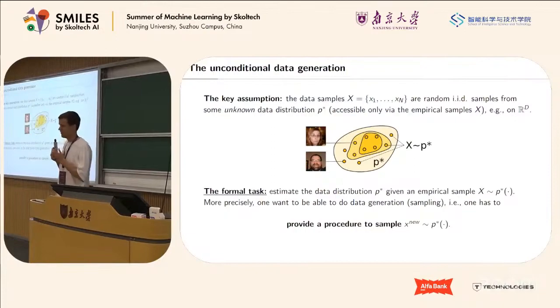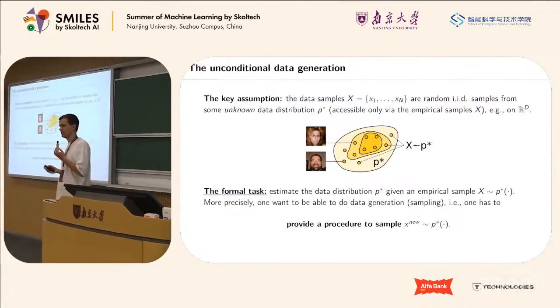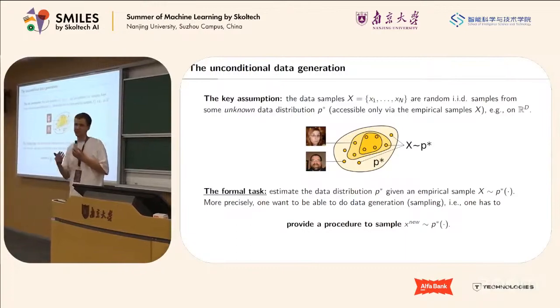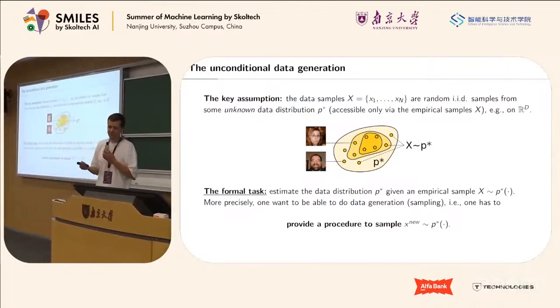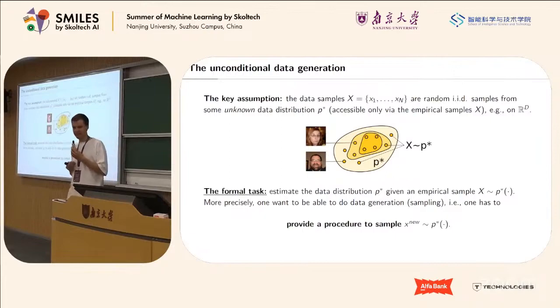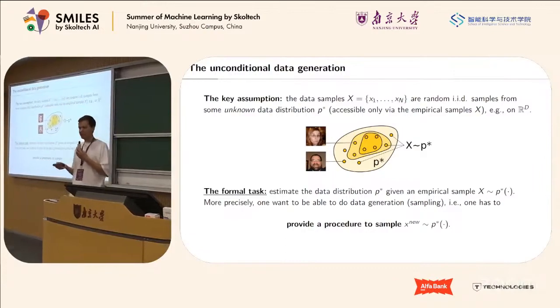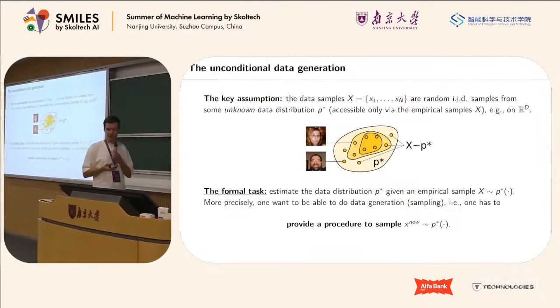The goal is to use this empirical data to reconstruct this distribution P star, in the sense that we wanted to provide a procedure to sample from this unknown probability distribution. At this point, you may ask, why do I recall this problem formulation?